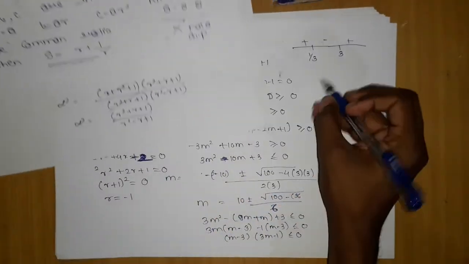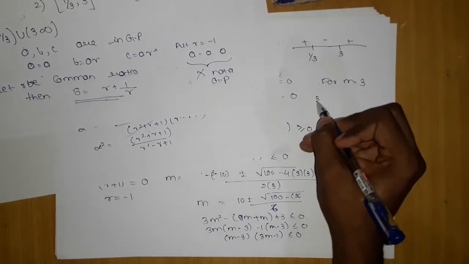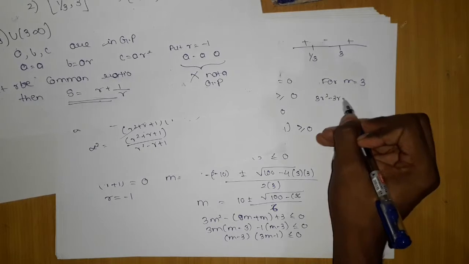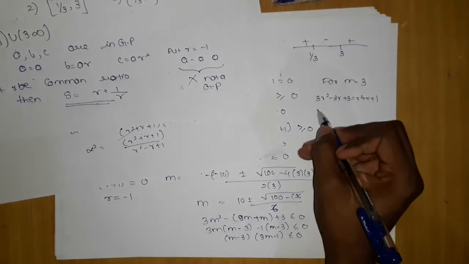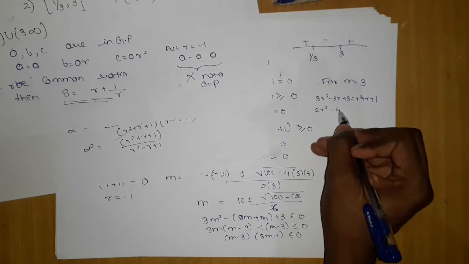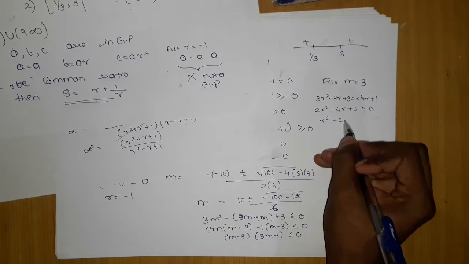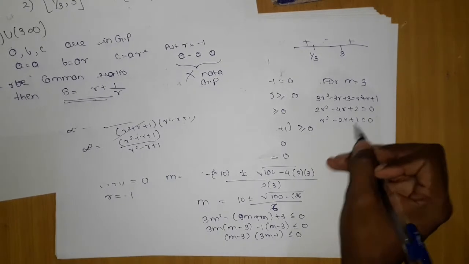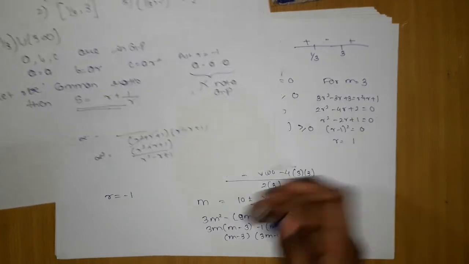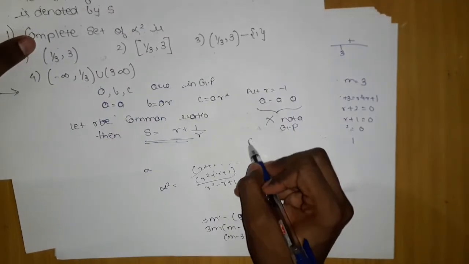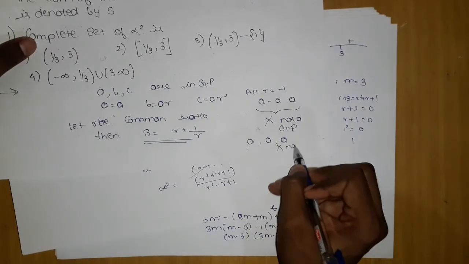Now we will check for m equals 3. This will be 3r square minus 3r plus 3 equals r square plus r plus 1. This will become 2r square minus 4r plus 2. Again you are saying the same thing, but this time r minus 1 the whole square equals 0, so r equals 1. If 1 is substituted, all the terms are the same, so this is not a GP.